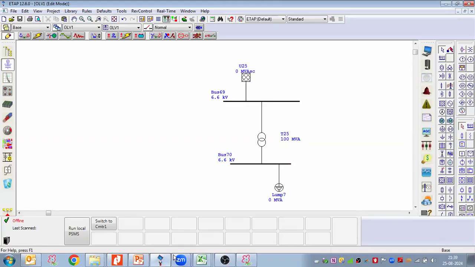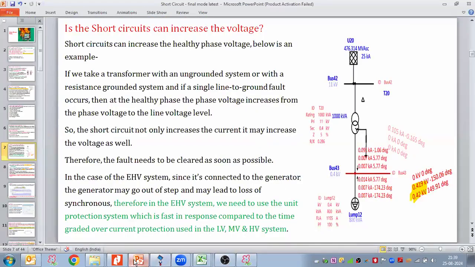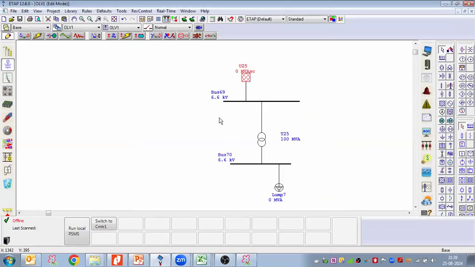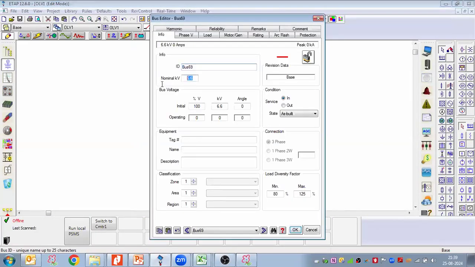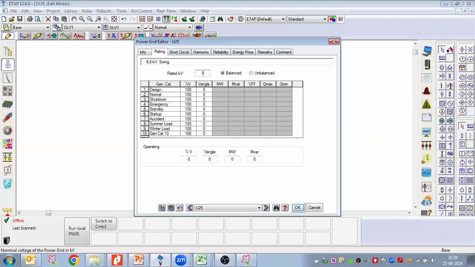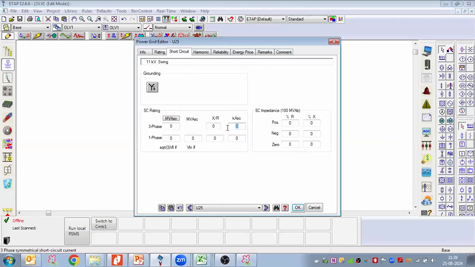Let us first go with the bus. Suppose this is an 11 kV bus, and the tapping that we are doing from the utility is 11 kV. The short circuit current from the grid is 25 kA, with an X/R of 14.